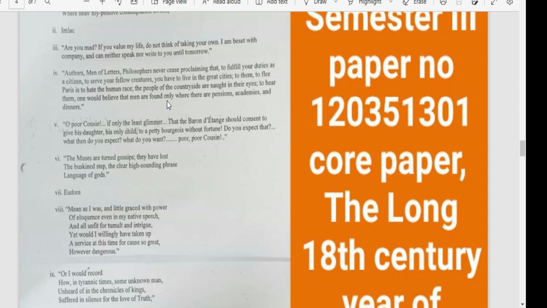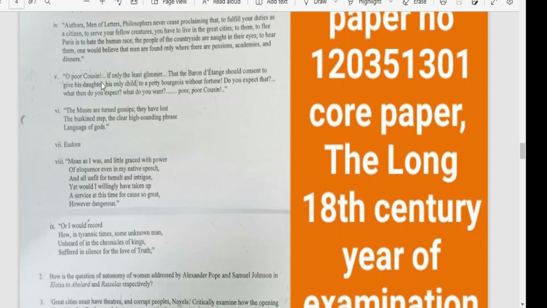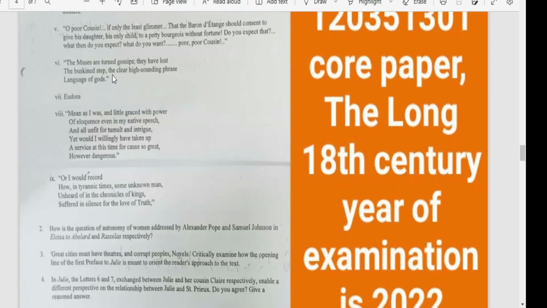To them, to flee Paris is to hate the human race. The people of the countryside are not in their eyes. To hear them One would believe that men are found only where there are pensions, academics, and dinners. Oh, poor cousin, if only the best glimmer that the Baron de Staines should consent to give his daughter, his only child, to a pretty bourgeois without fortune.